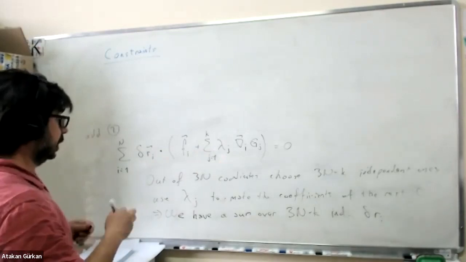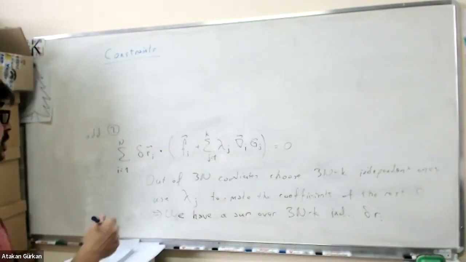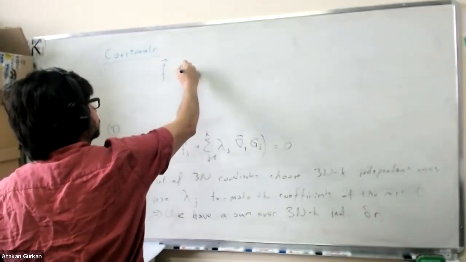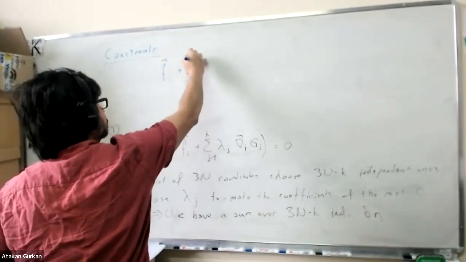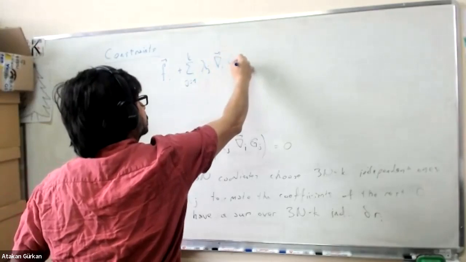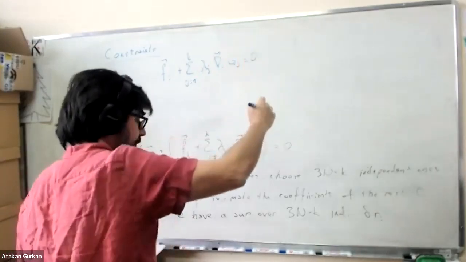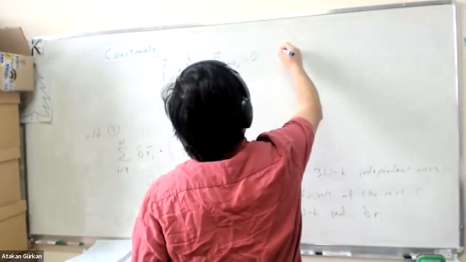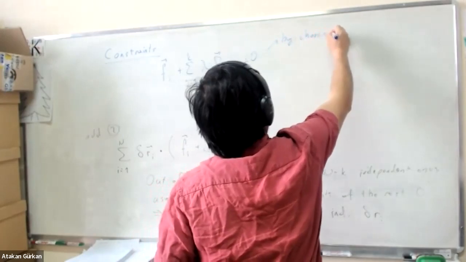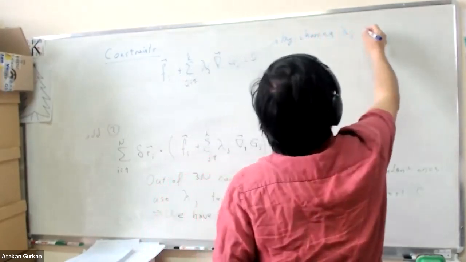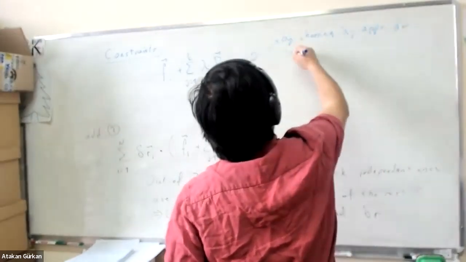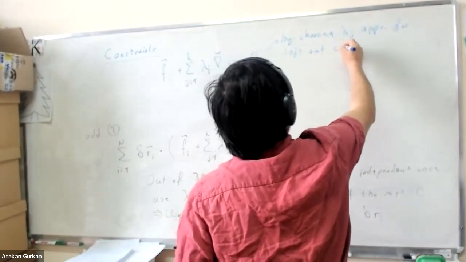Right. Now, so this one, F_i plus the sum over j from 1 to k of lambda_j times the gradient of g_j, is 0 by choosing lambda_j appropriately for the left-out coordinates.